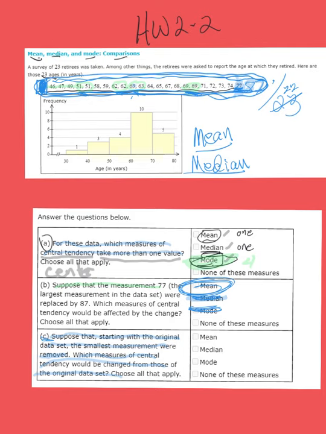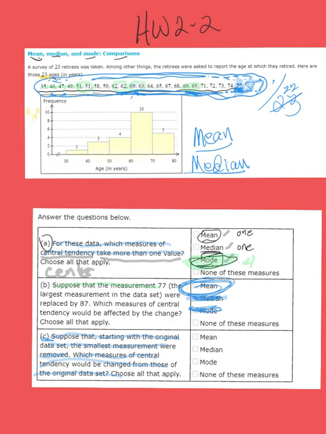Let me explain that one a little bit, just so you can get a sense of why that is. If I'm finding the median, and there are 23 of these, right in the middle of 23, I have 11 on this side, 11 on that side.